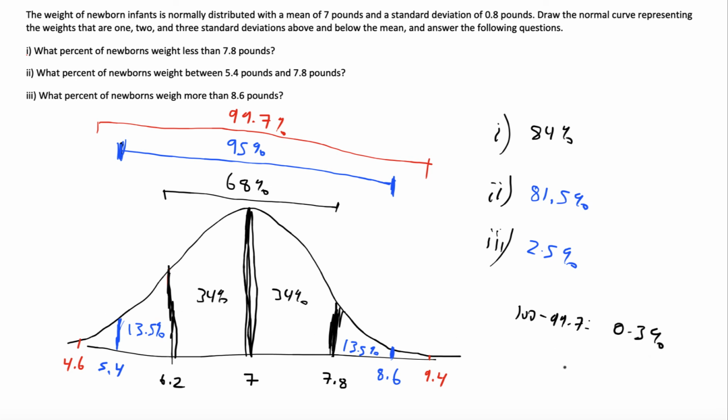So if you divide that by 2, that's going to be 0.15%. So if we want to ask that question, what percent of newborns are less than 4.6 pounds? That would be 0.15%. But that would also be the same percentage for what percent of newborns are more than 9.4 pounds. It's also 0.15%.